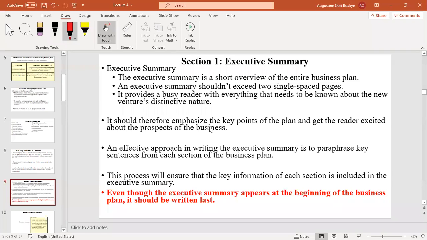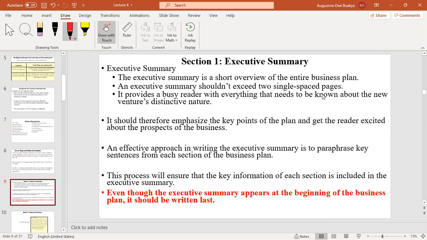So that is what we construe as executive summary. Now, the executive summary also basically is a comprehensive summary of the entire nitty-gritties of your business. So the executive summary shouldn't exceed 2 single-space pages.